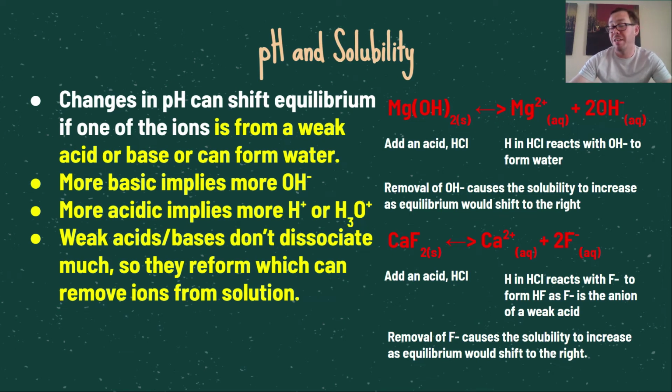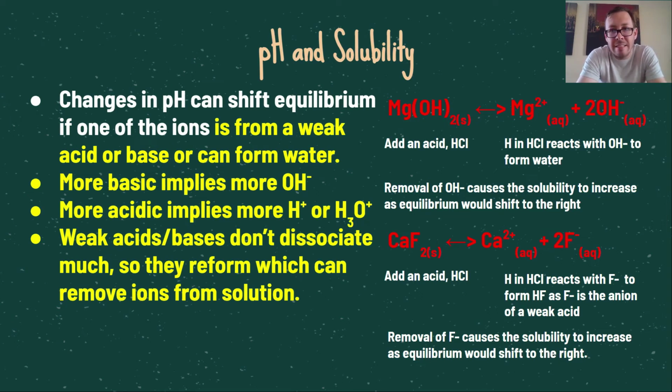So for example, let's look at the top one on the right here. We have Mg(OH)2 as a solid, which dissociates into magnesium and hydroxide ions. So let's assume we add an acid. Let's assume we add HCl. Well, HCl is a strong acid, so it 100% dissociates into its ions. So is there anything of those ions, H plus or Cl minus, that would react with any of the products?